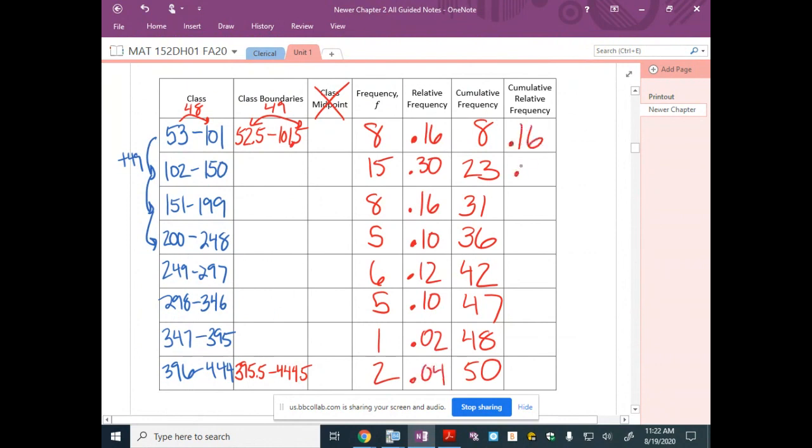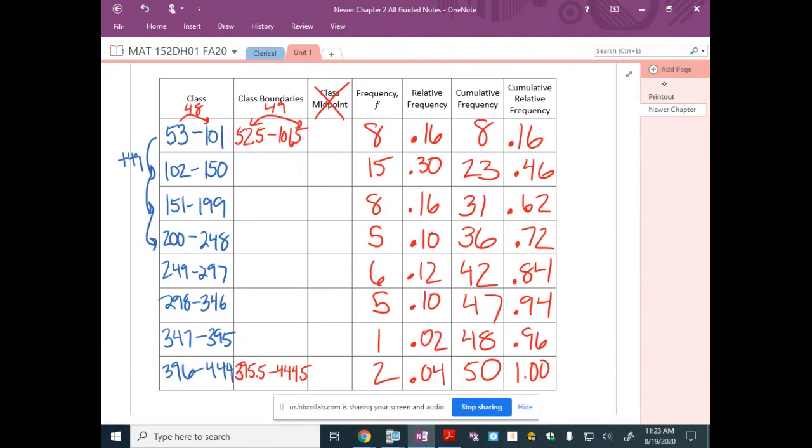Then the cumulative relative frequencies, you get those by dividing by 50 or adding the relative frequency beforehand. Either way. All right, not bad at all. So now we get to make our frequency histogram.